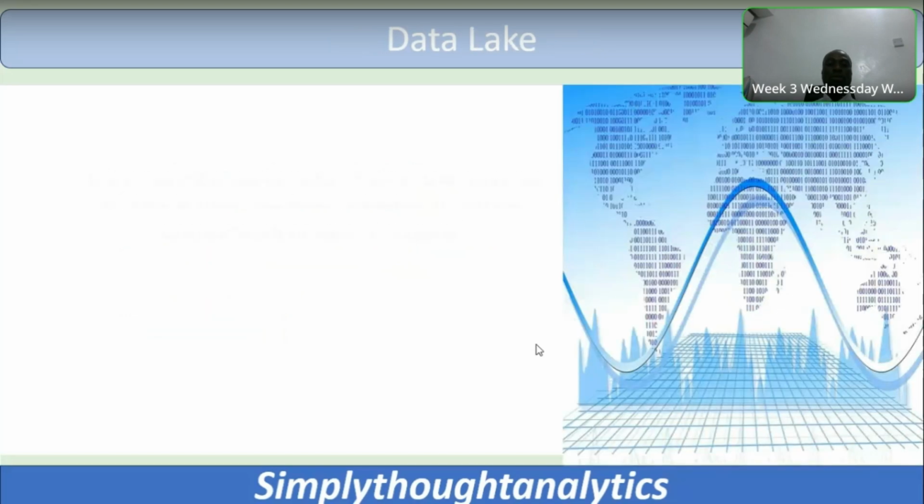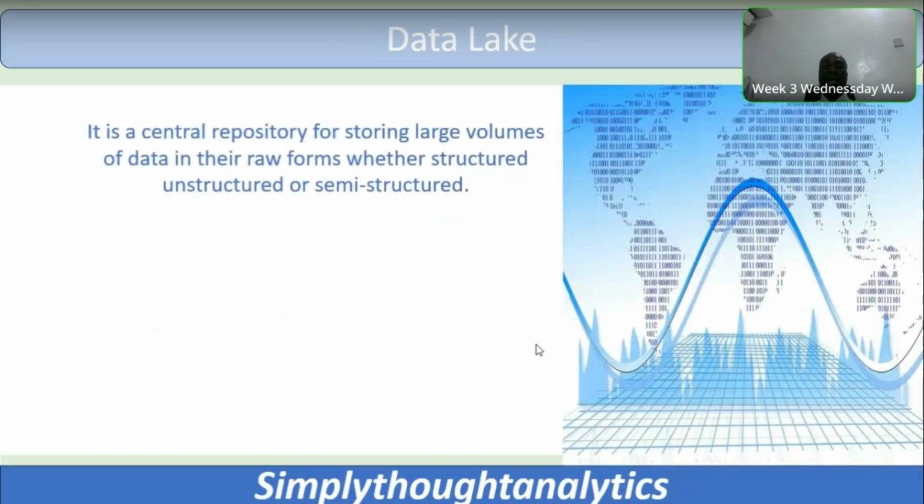Data lake. A data lake is just like a dumping site for data. Some of us in our environment have that place where we dump our waste. That is what a data lake is.